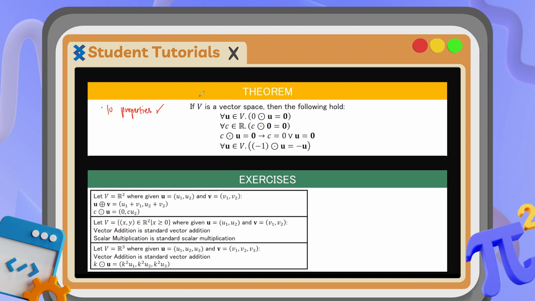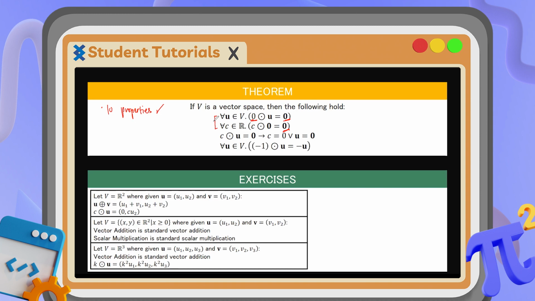For all elements coming from the set V, if we apply a scalar multiplication operation to a vector u and the scalar 0, which is the 0 that we usually use, that should give us the 0 vector. Then similarly, for all elements from the set of real numbers, multiplying the 0 vector by any scalar should give us the 0 vector.